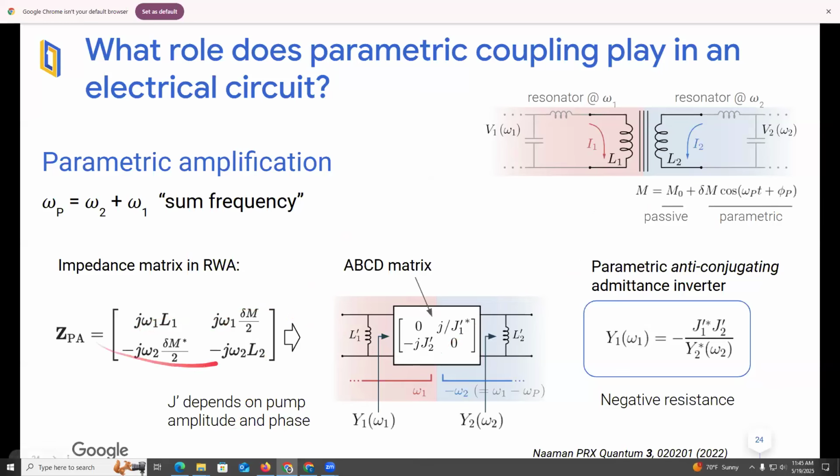You can write the impedance matrix of that nonlinear element when it's pumped, and you can linearize it, and you find that it basically looks like an inductor sandwiching an ABCD matrix that looks a lot like what is called an impedance inverter in microwave language. But it's basically a purely off-diagonal ABCD matrix.